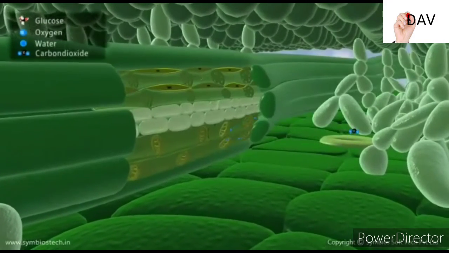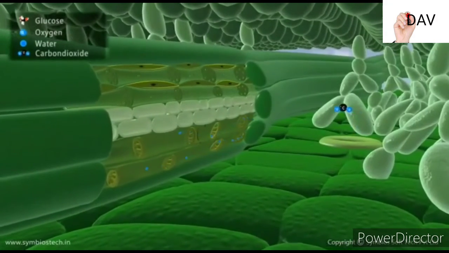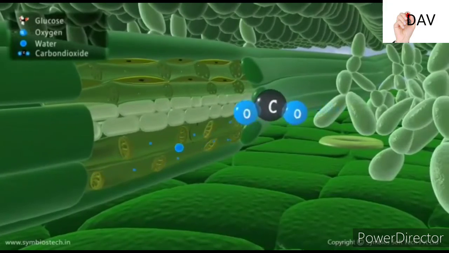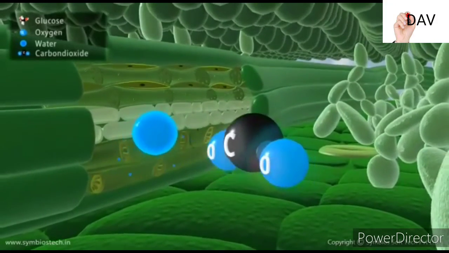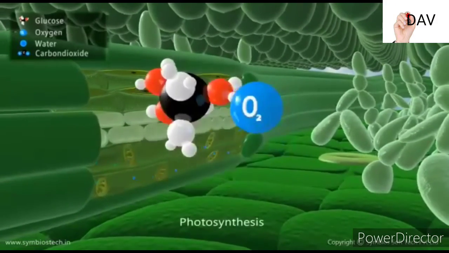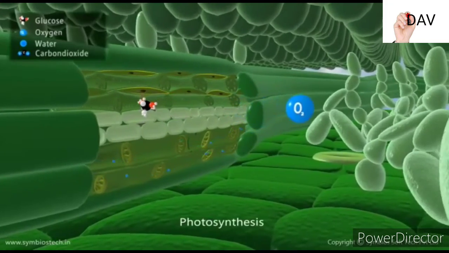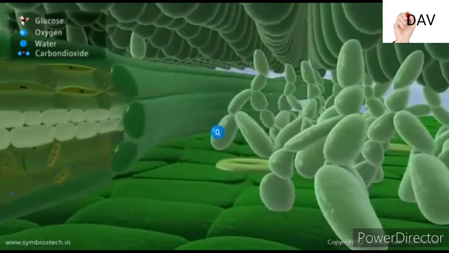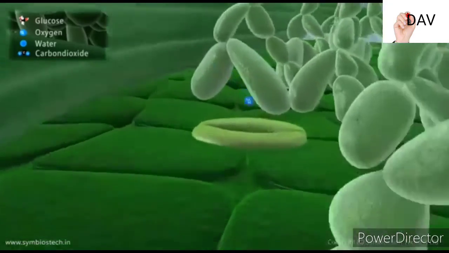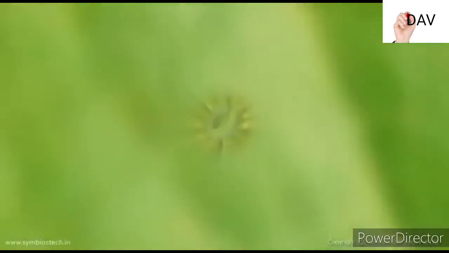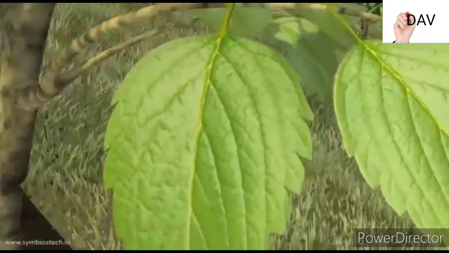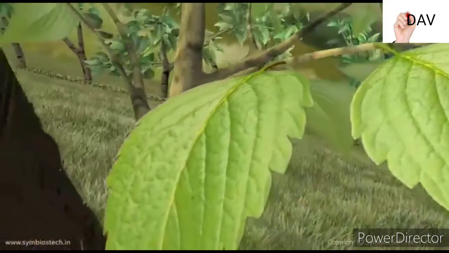Another part we have to discuss is phloem cells. The carbon dioxide molecules combine with water molecules and prepare glucose molecules through the process of photosynthesis. The prepared glucose travels throughout the body through these phloem cells.